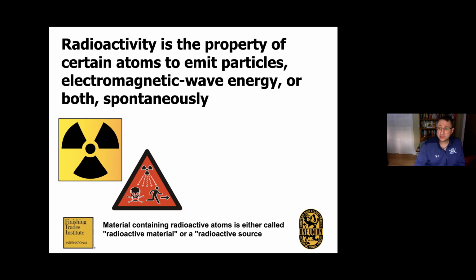Even in construction, we have a couple of instruments that use radiological sources. This is the old trifoil symbol for radiation. We don't use this anymore. This is the new one that we use. It's a red triangle with a couple of pictograms telling you to get out of there if you see this stuff.